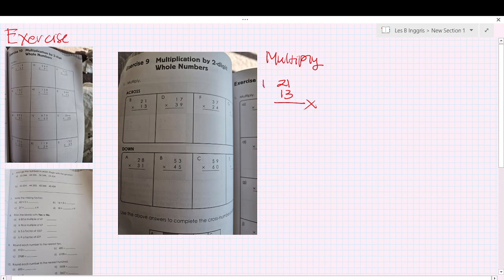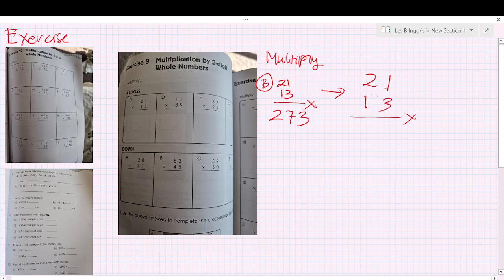So this is the first one. Okay. Take your time. 273. Okay, we'll see. So 21 times 13.